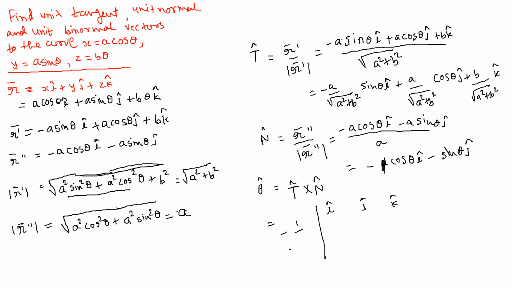So I am taking minus 1 upon under root a square plus b square out.